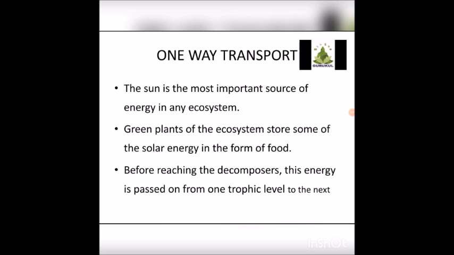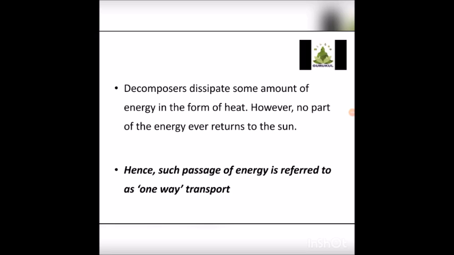The sun is the most important source of energy in an ecosystem, and the green plants in the ecosystem store some of the solar energy in the form of food. Before reaching the decomposers, the energy is passed from one trophic level to the next, and the decomposers dissipate some amount of energy in the form of heat.